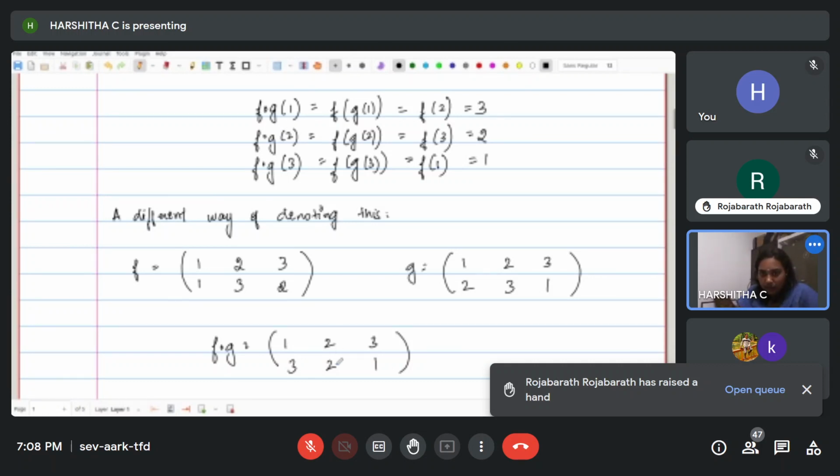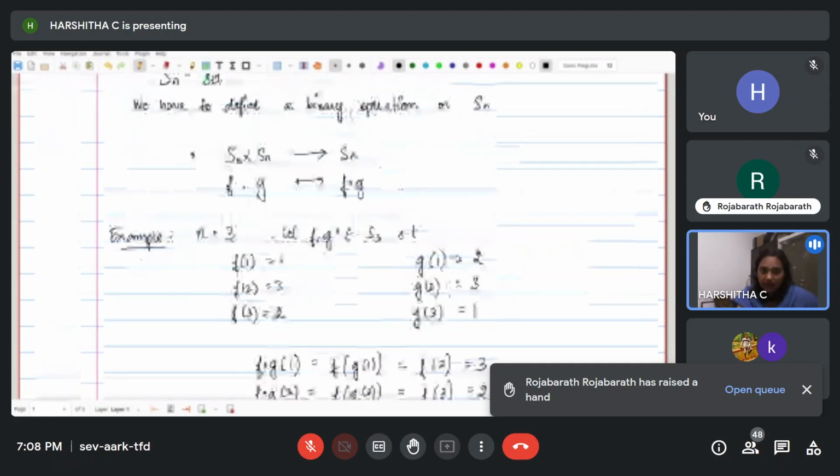It is 3. Image of 2 under f composite g is 2 and image of 3 is 1. Is this okay? Any questions so far? Okay.